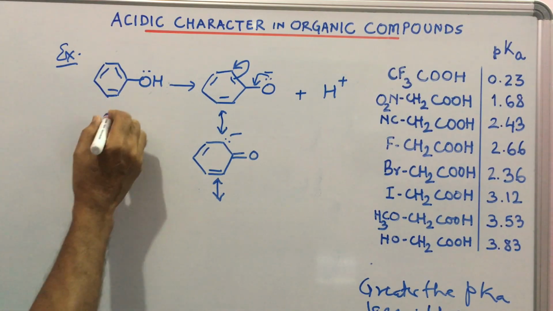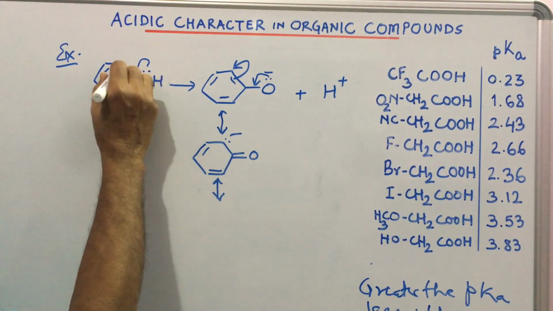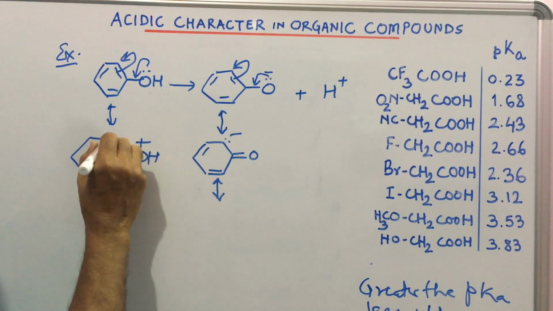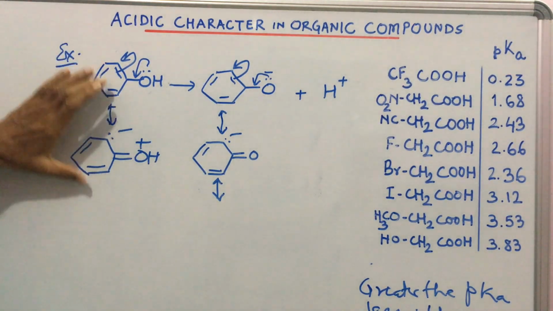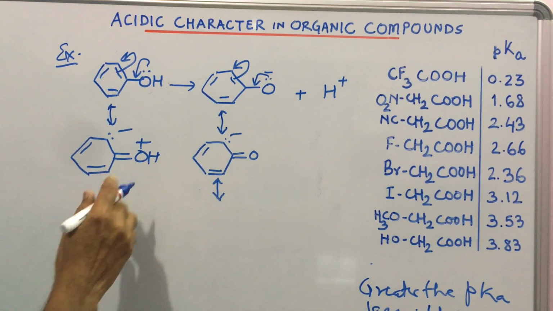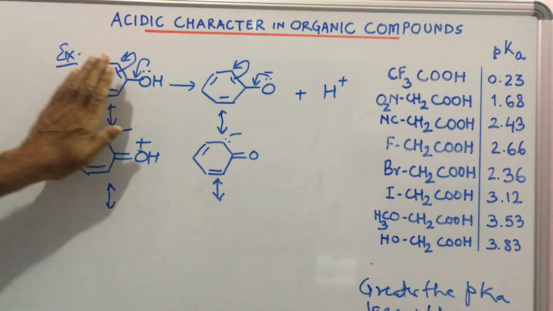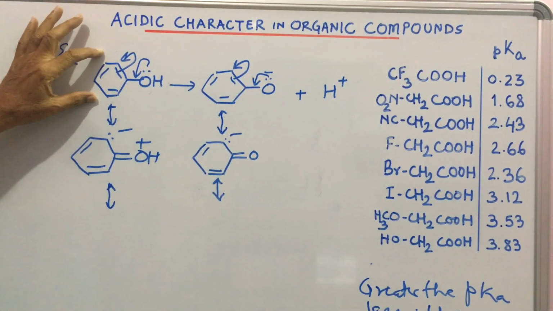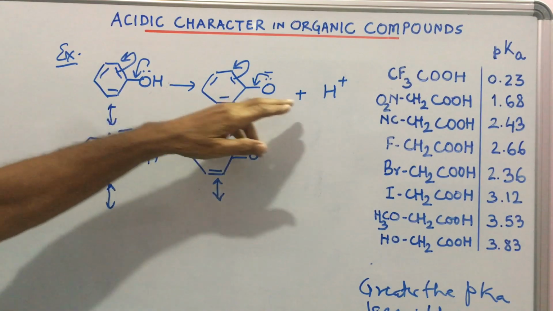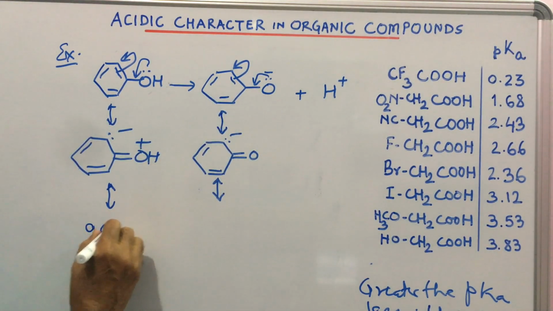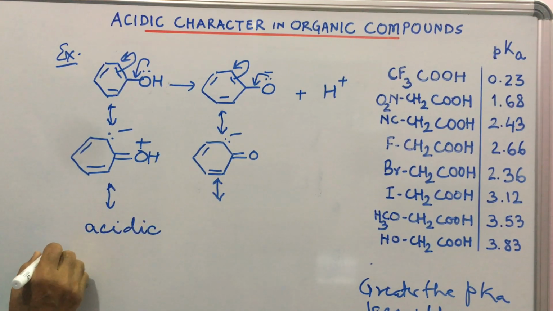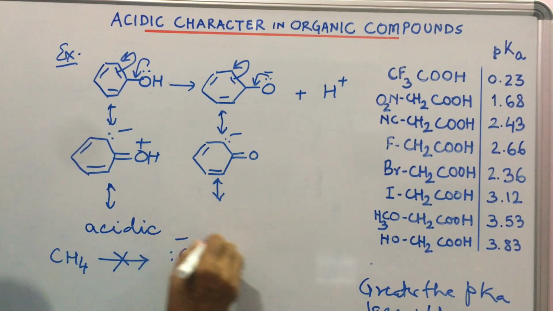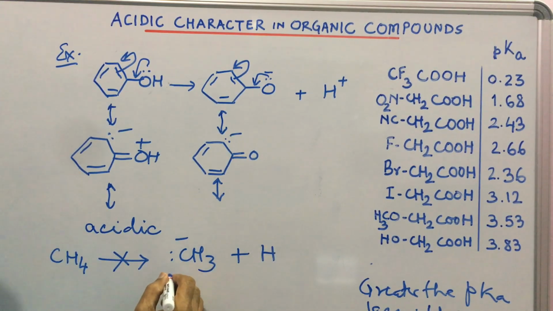So, in phenol, if you write these structures, there is a charge separation in these structures. You can write many more. This makes the system less stabilized than this. So, this conjugate base is more stabilized, hence this is possible. So, phenol is acidic in nature. If you take case of methane, this is not acidic because this conjugate base is not stabilized.